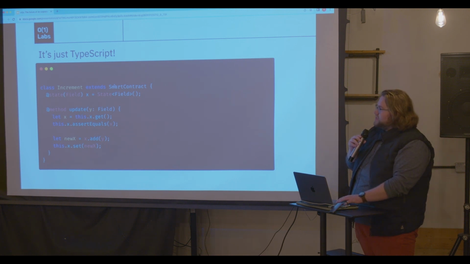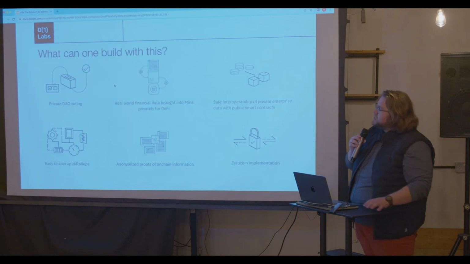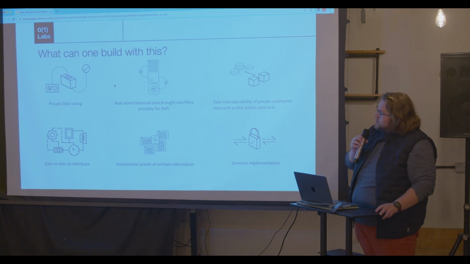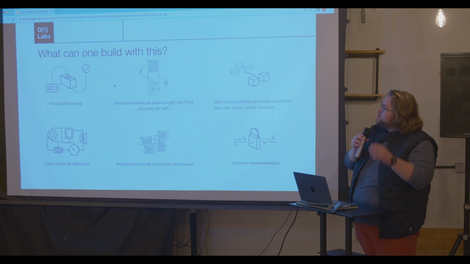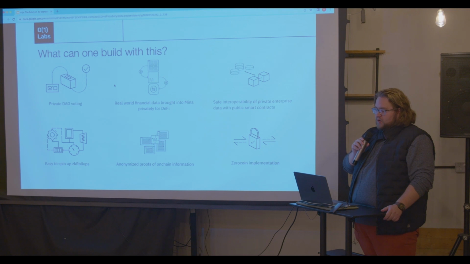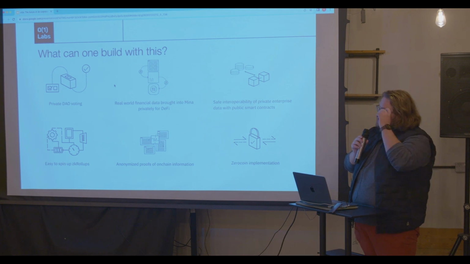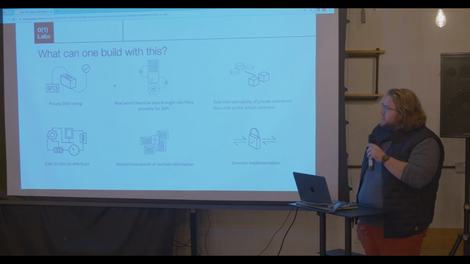I think it's a very interesting concept and very powerful, especially when it comes to privacy and privacy-preserving applications. So before I come to an end here, I'm just briefly talking about a few interesting use cases and projects that you can build, and also naming a few interesting projects that are currently building using Mina and o1js, starting with private voting.